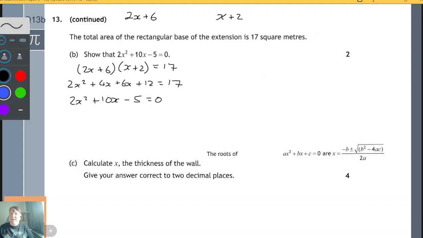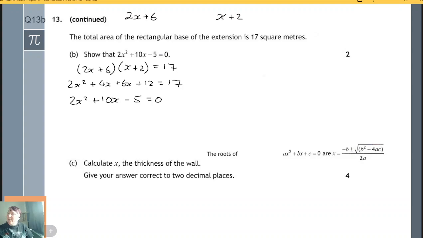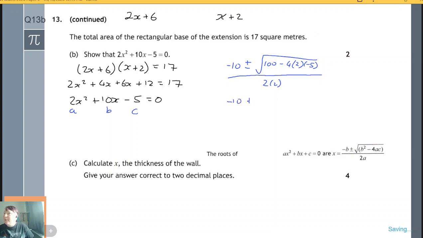The formula, we have got our A, our B, and our C. So we've got minus 10 plus or minus the square root of b squared, which is 10 squared, which is 100, minus 4 times 2 times minus 5, all over 2 times 2. Okay, let's work that out.